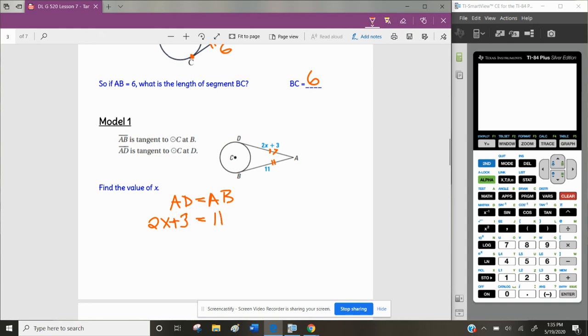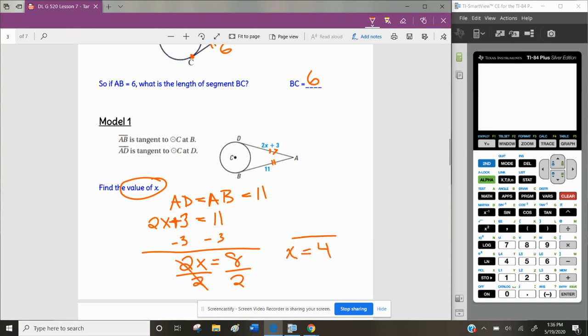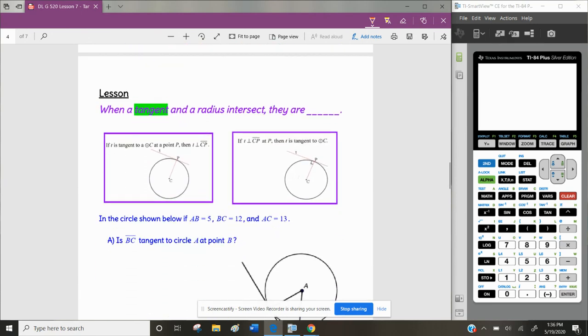We've applied the geometry to write an algebraic equation to solve for the value of x. If they just asked us what AD is, we would be done because we know they both have to equal 11. So we're going to use algebra, our inverse operations, to isolate the x and get it by itself. The opposite of multiplying by 2 is dividing by 2. So we get that x is equal to 4 for our first example.